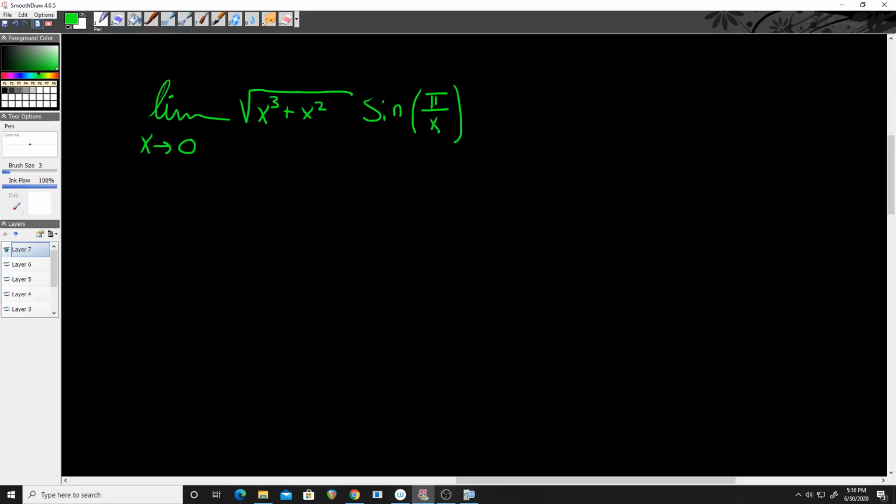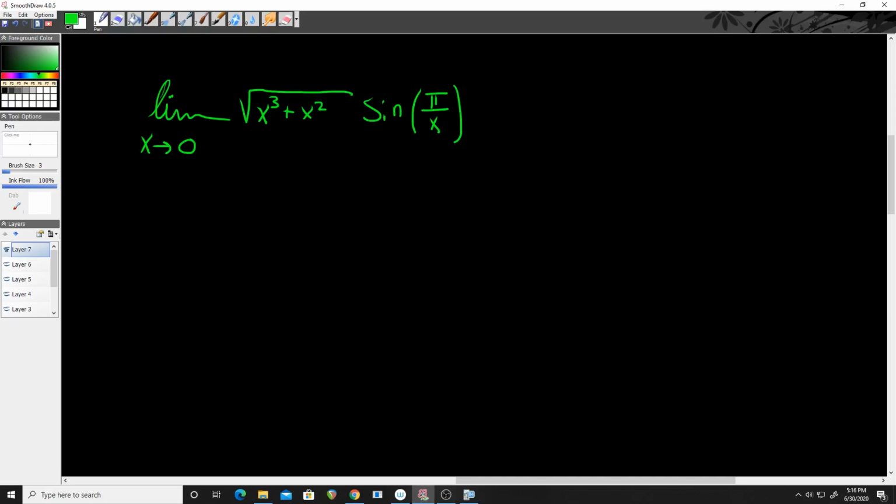Okay. We want to figure out what this limit is. So we're going to use basically the same argument that we did last time.